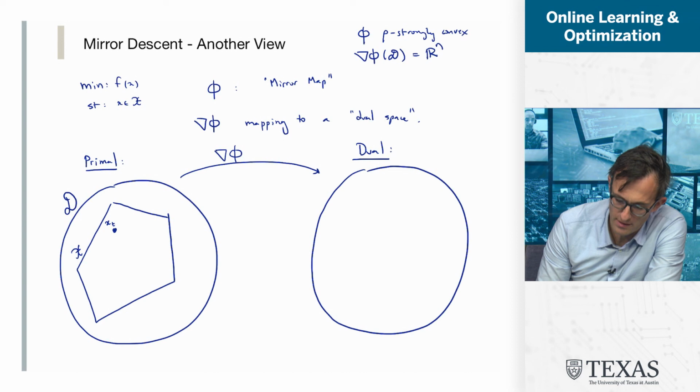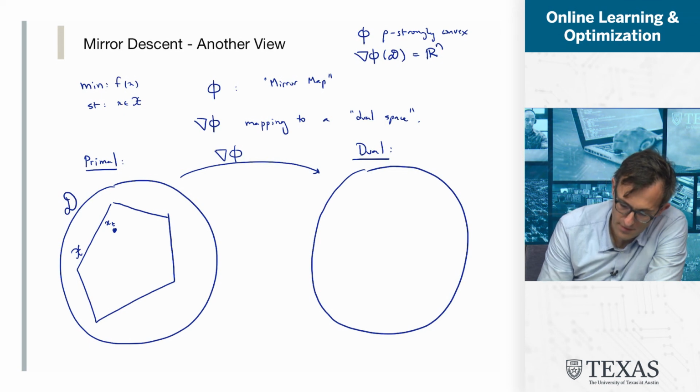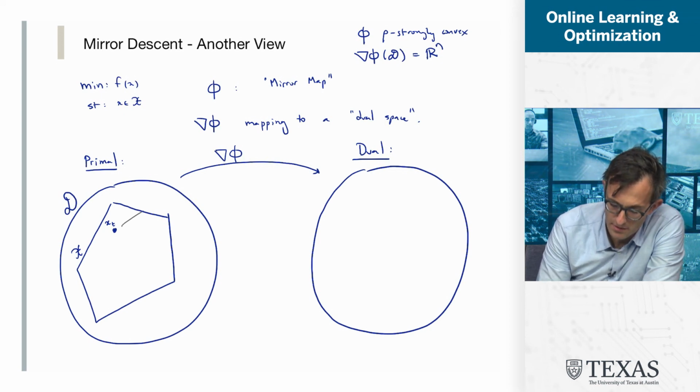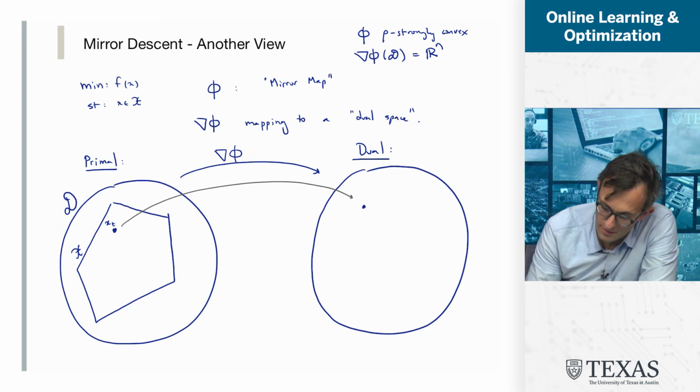So let's look at what the algorithm does. It starts from a point xt, and it uses the mirror map to map this to a point in the dual. I'll call this point the gradient of phi at xt.